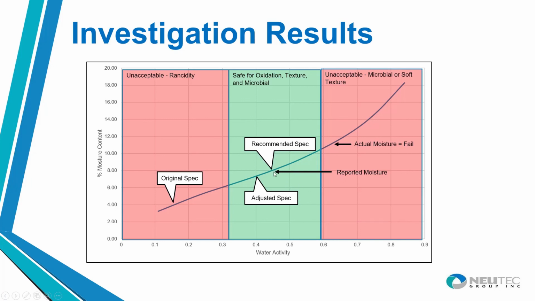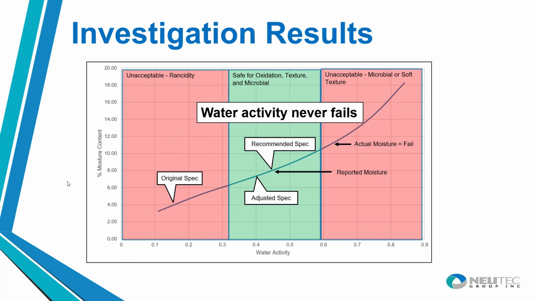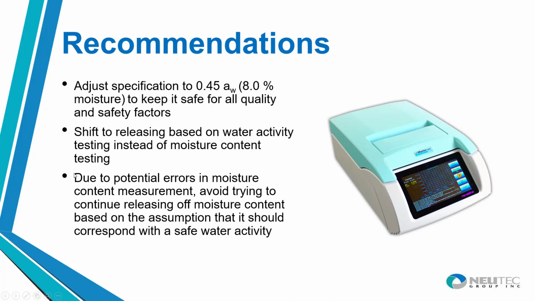So our recommendations were to adjust the specification to 0.45 water activity, which corresponds with an 8% moisture, which is much higher than the 4.5 they started out at, but it's a stable product. It'll keep it safe for the shelf life of the product. But they need to shift to release based on water activity.